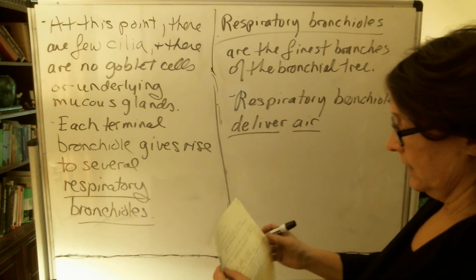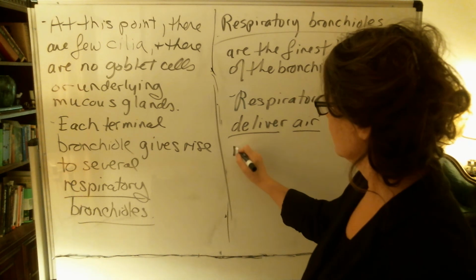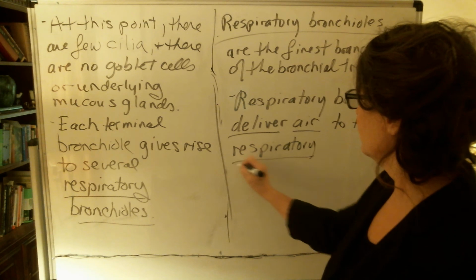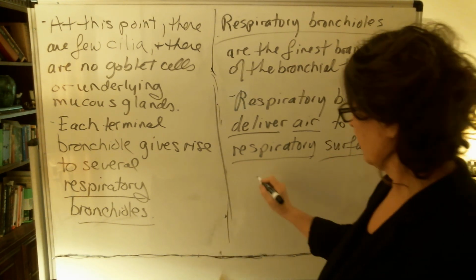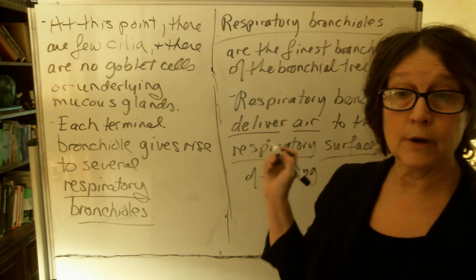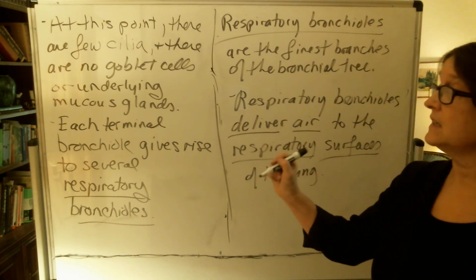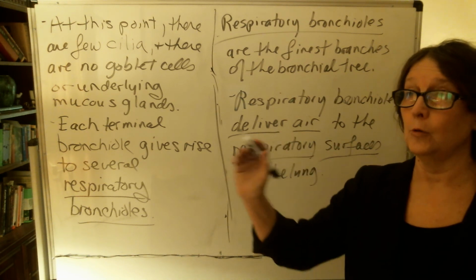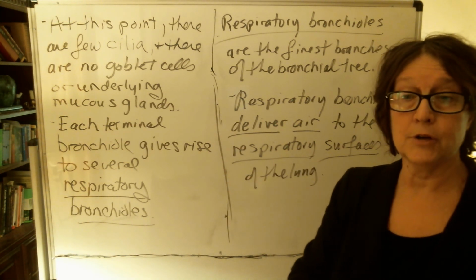We're finally getting down to delivering air to the respiratory surfaces of the lung, which is where gas exchange takes place. So finally, we have the respiratory bronchioles, the finest branches of the bronchial tree, and now they are the ones that are actually going to be finally delivering the air to your respiratory surfaces, and that's the subject of the next lecture.